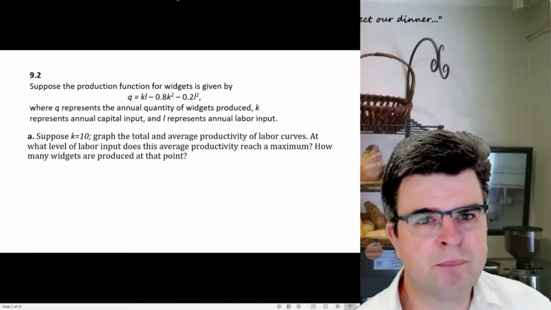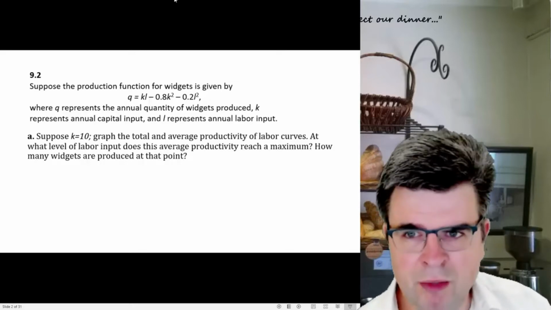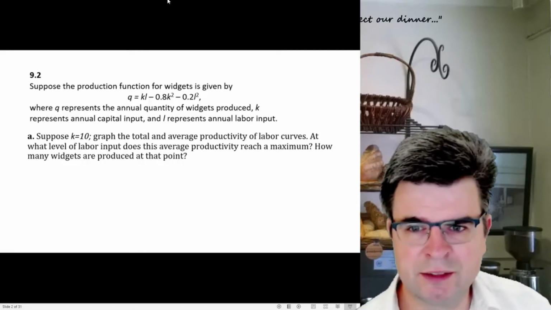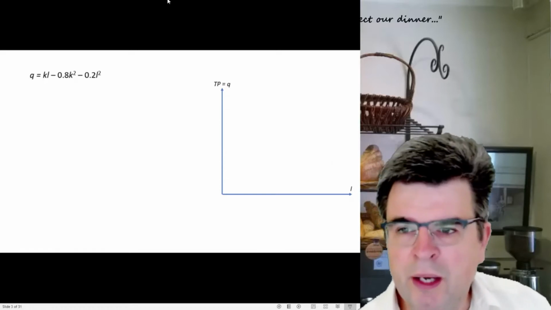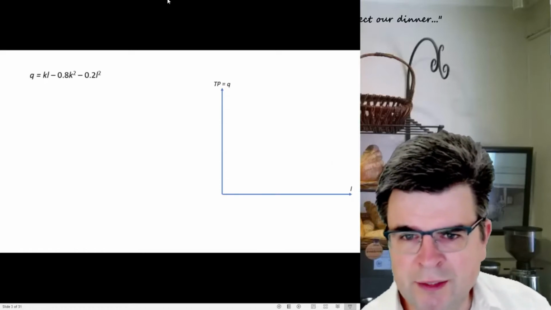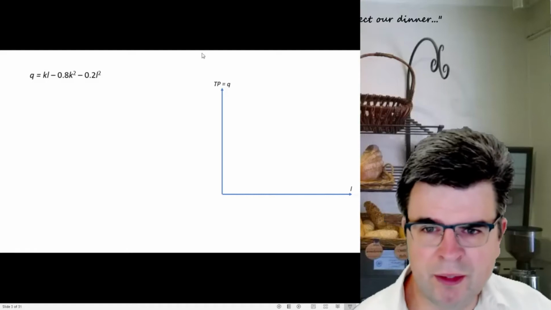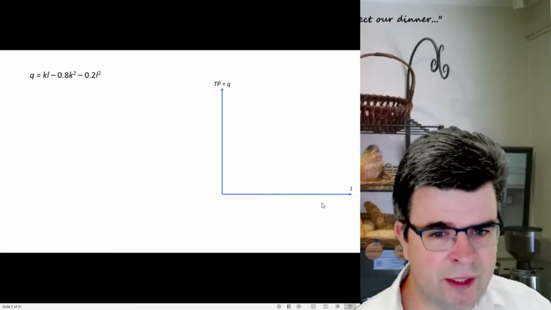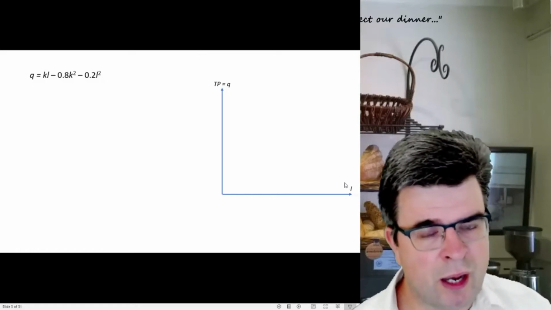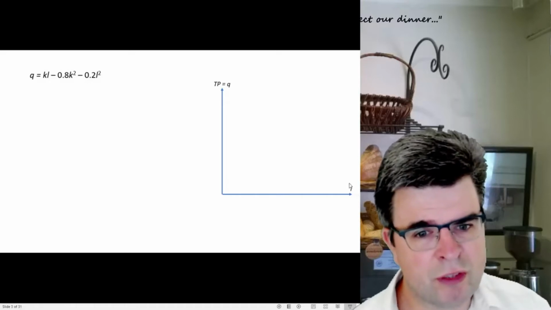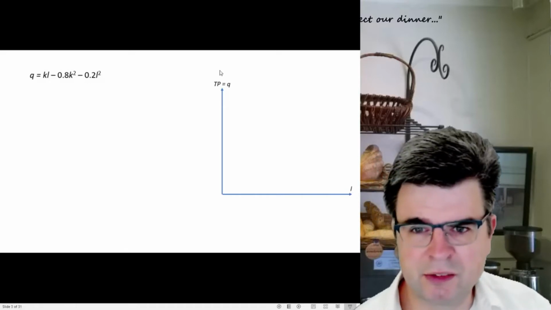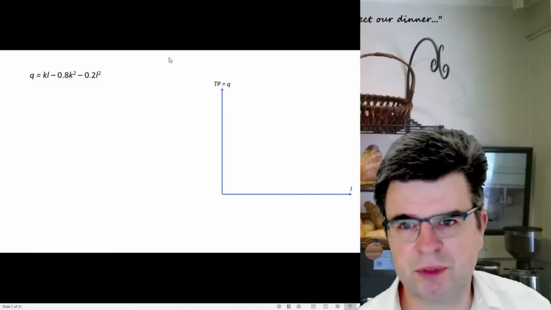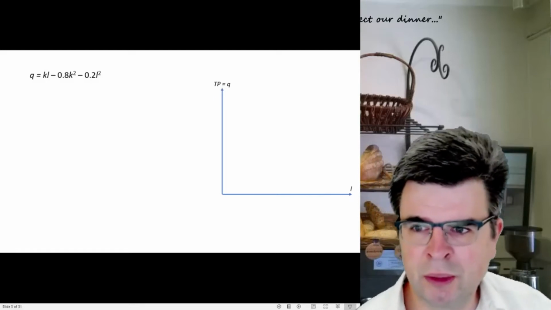Now, this is just elementary math that we do in this exercise, so it's not that difficult. We have a production function as given. You need to know that indeed, if you have to map total productivity as a function of labor, then labor is on the x-axis and total productivity on the y-axis. So that is something that you already can draw.